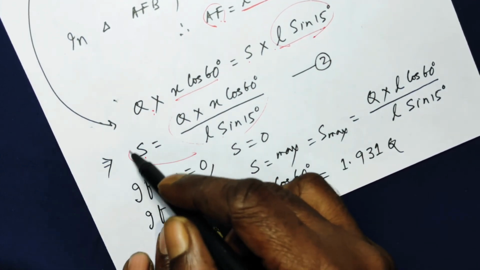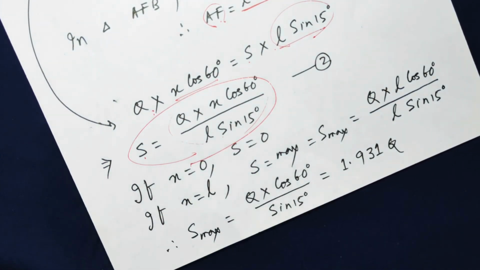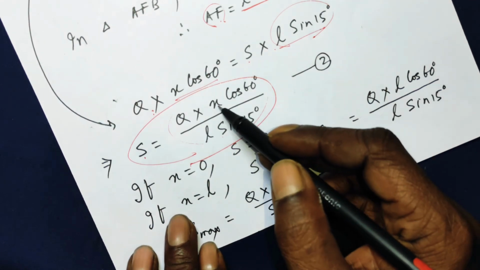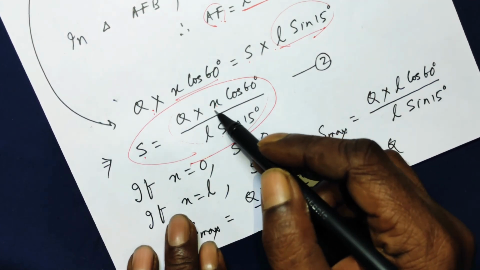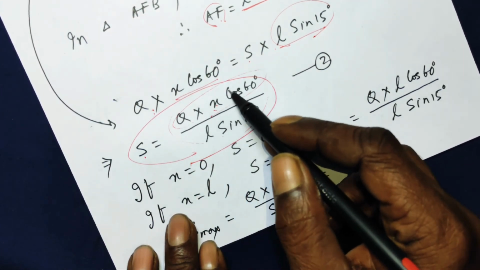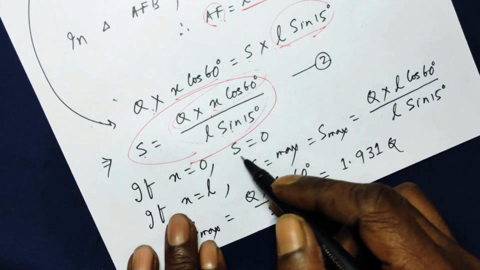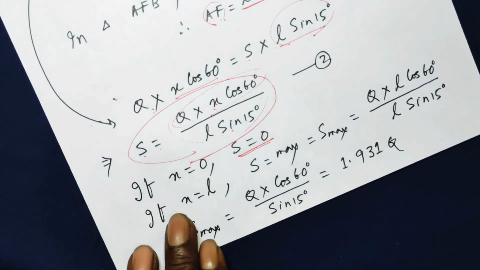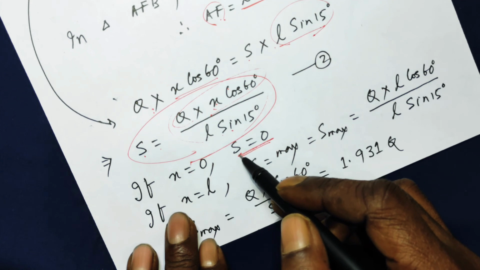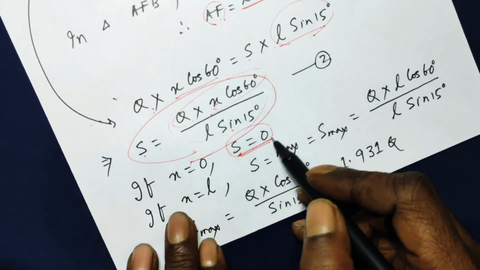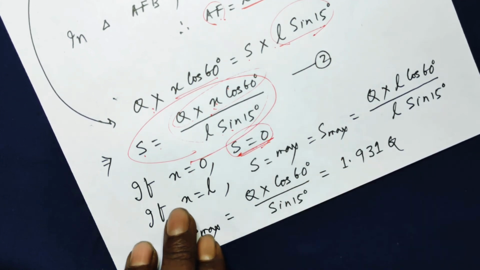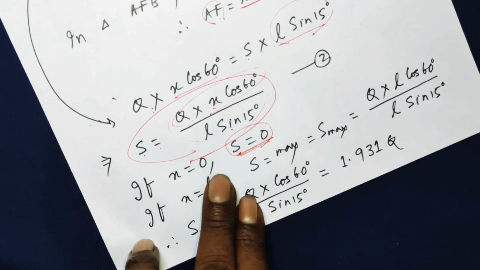Now look at this equation. Now if X is equal to 0, then this numerator becomes 0. 0 by something is 0. So S is equal to 0. So the axial force is 0 when X is equal to 0.